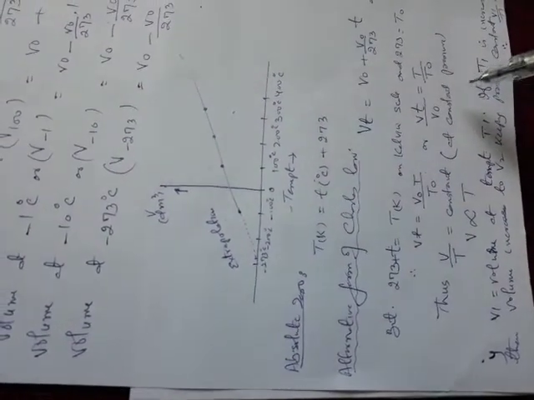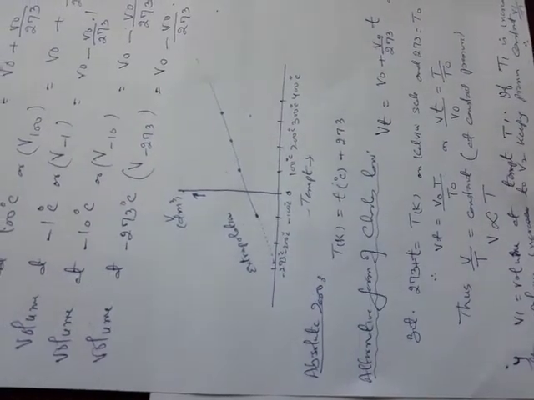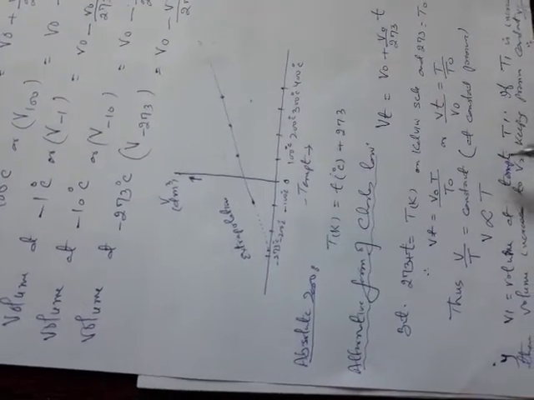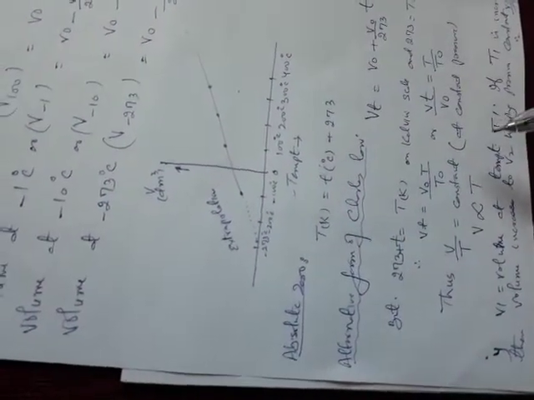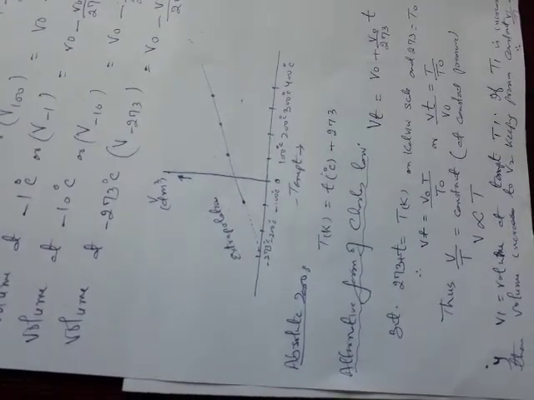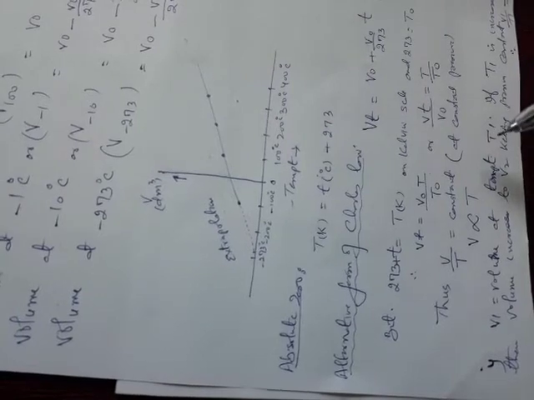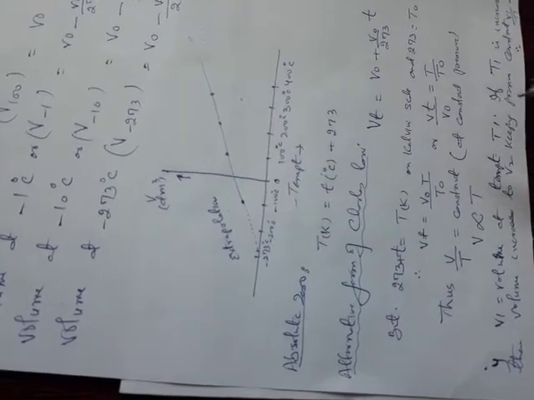Now we can also define Charles law like this: the volume of a given mass of a gas is directly proportional to absolute or Kelvin temperature at constant pressure.